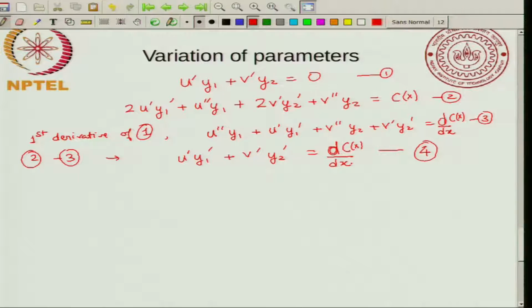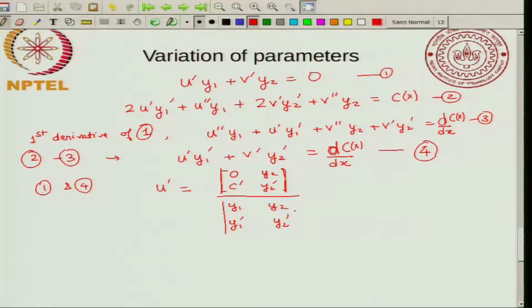This is very nice, because if you look at 1 and 4, using your matrix methods you can write u prime in terms of determinants: 0, I will just call it c prime, and y2 prime, divided by the determinant of y1 y2, y1 prime y2 prime.